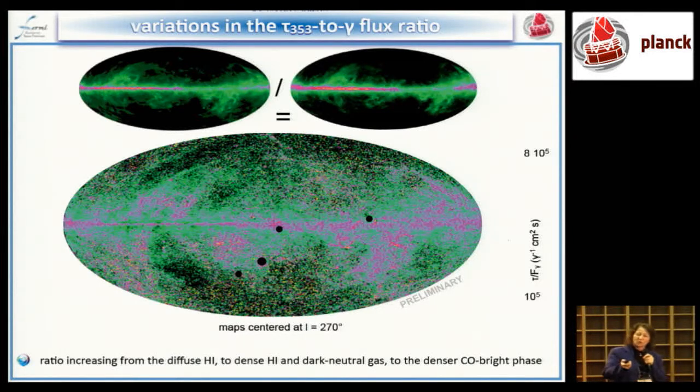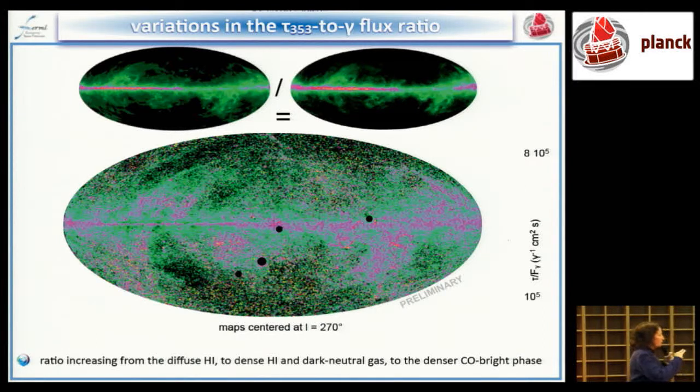And so if you divide one by the other, and you do that above a certain threshold to avoid biasing or constants, what you end up with here is the ratio of the two, and instantly you can pick up the Chameleon, Taurus, Orion, Ophiuchus.